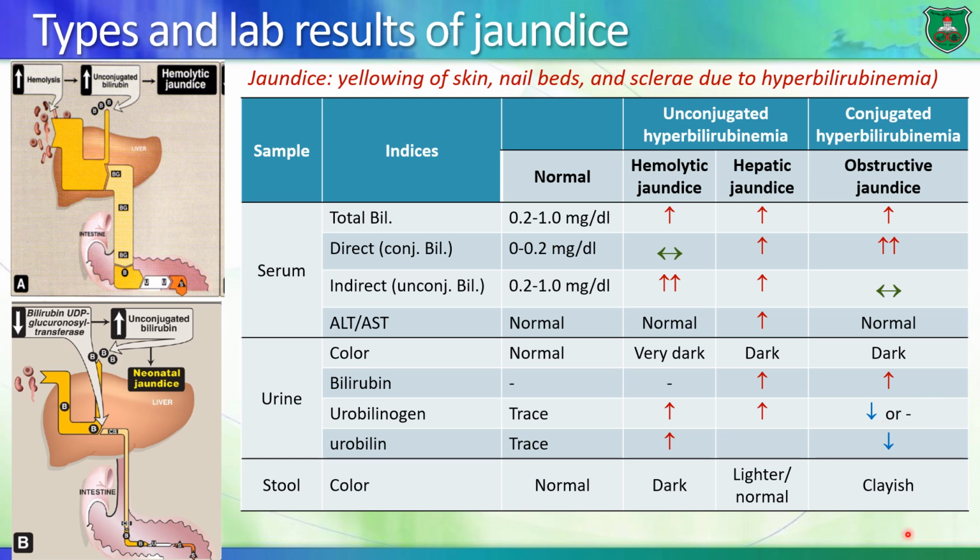Stool would look clay-colored as a result of the inability of the liver to transport conjugated bilirubin into the intestines, so there would be a low concentration of stercobilin in the intestines and feces.